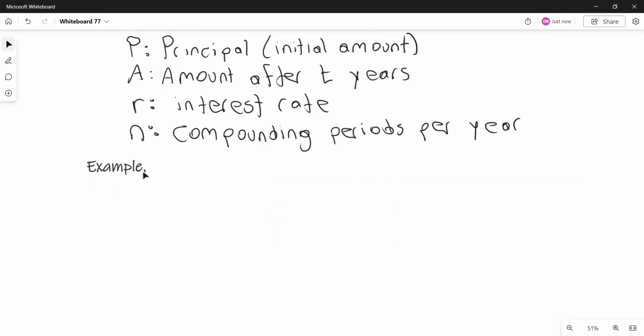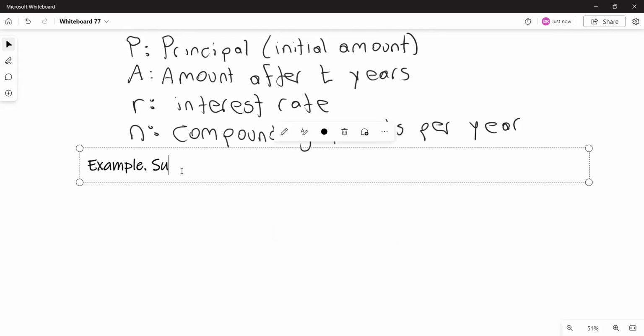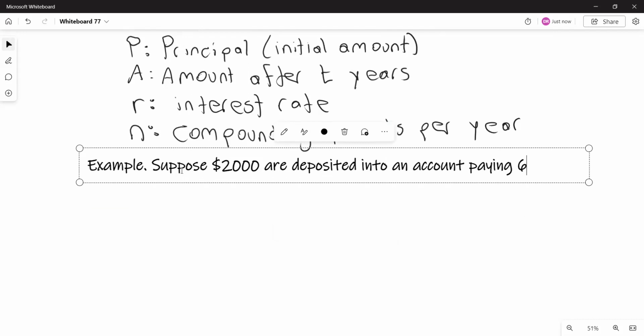Let's suppose that $2,000 are deposited into an account paying 6% interest per year compounded monthly.